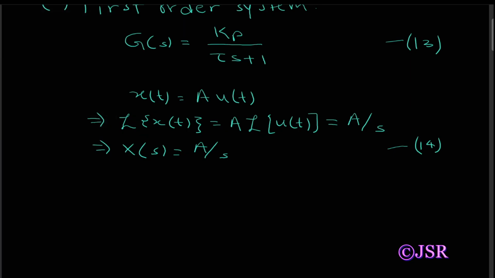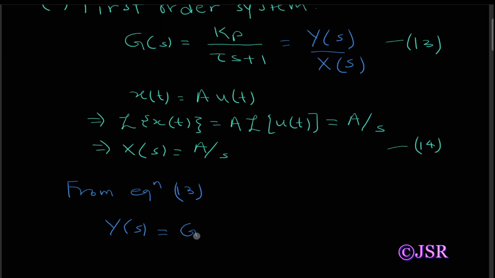Since we know that the transfer function for any process is given as y of s upon x of s, so from equation 13, y of s will be equal to g of s into x of s.